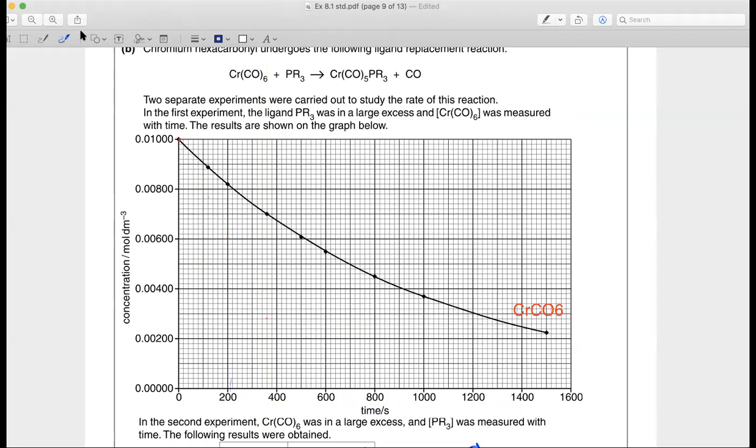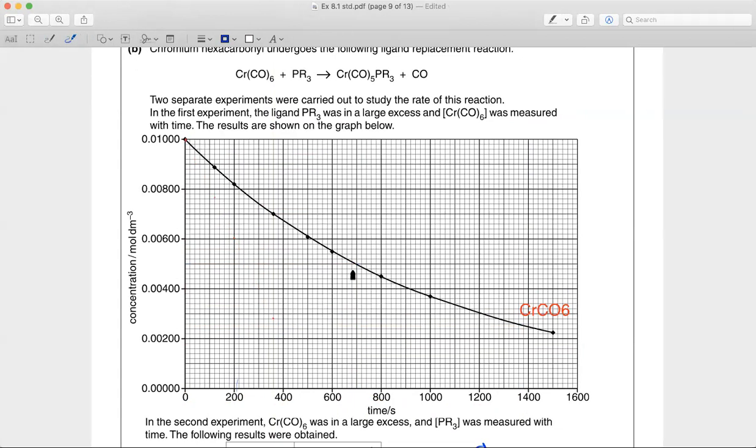So the easiest, of course, you can take the rate at any point, no problem. I think I should leave the PR3. You can choose any point, of course, but for me, the easiest is at the initial.